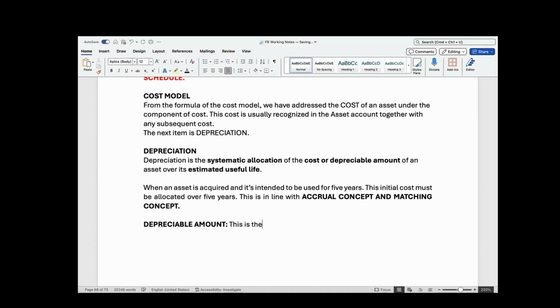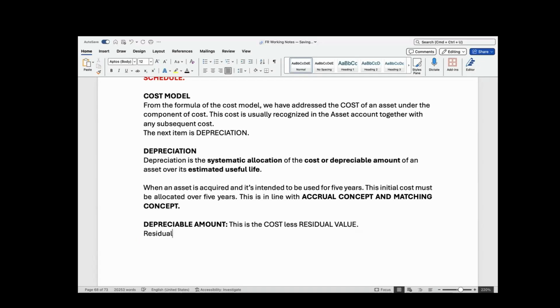Depreciable amount is the cost less residual value. That is depreciable amount: cost less residual value.